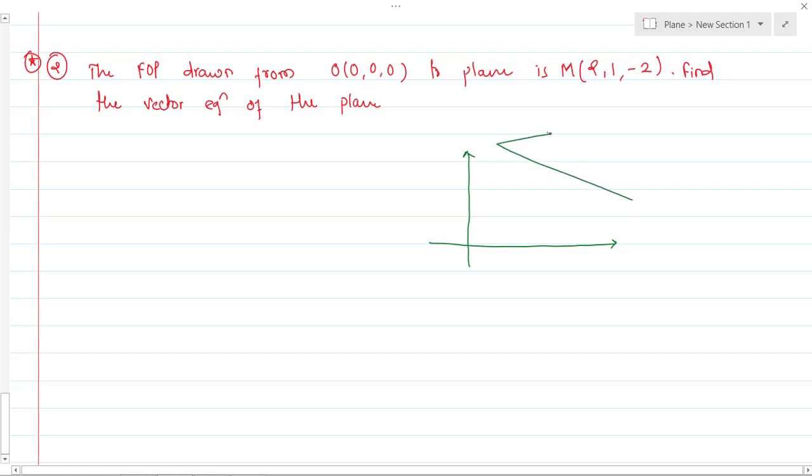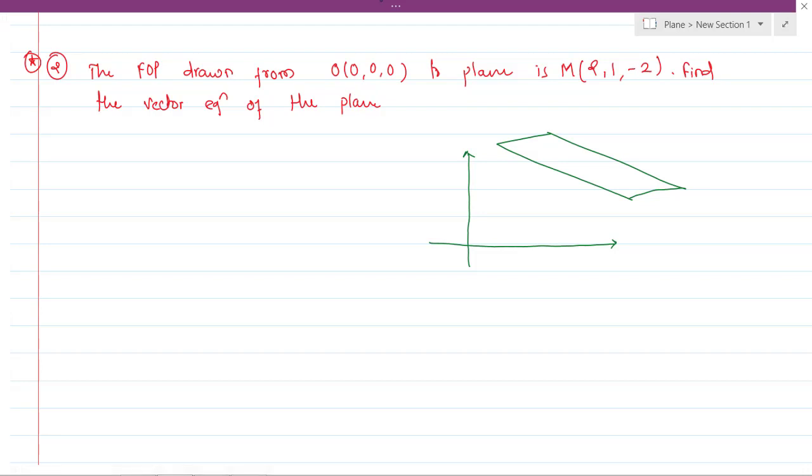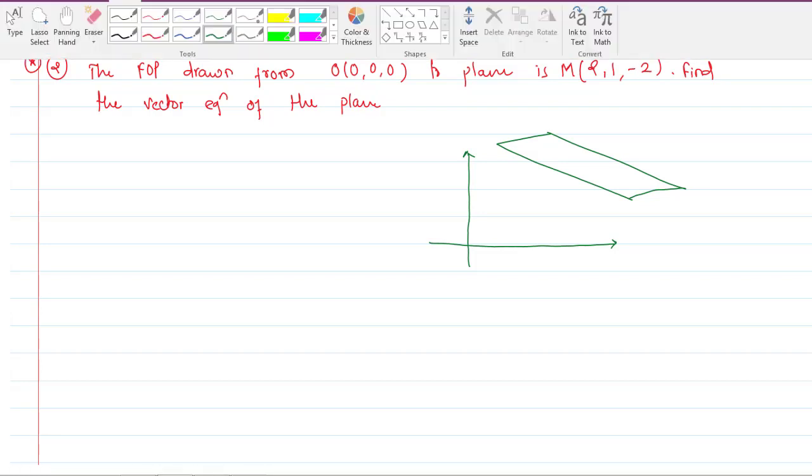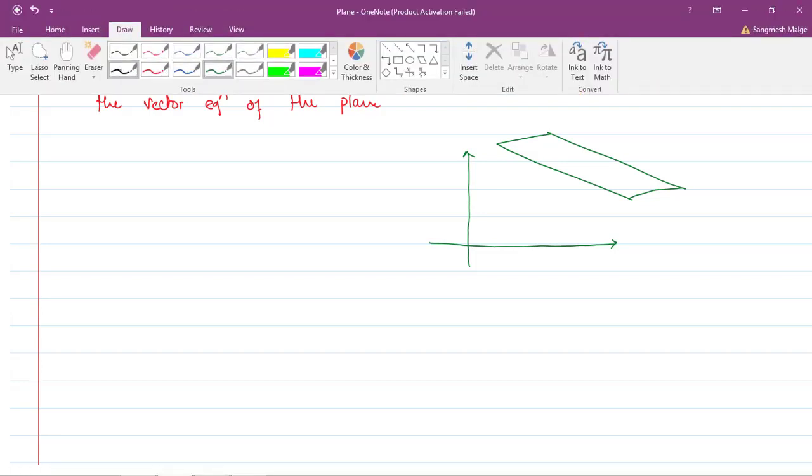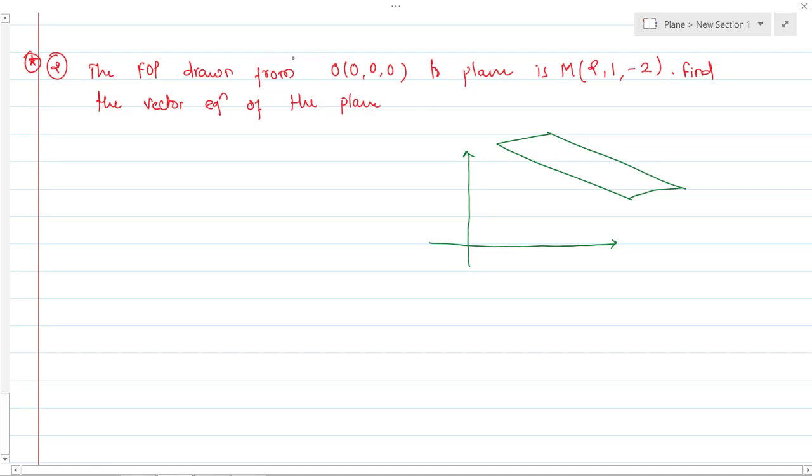From the origin, a foot of perpendicular is coming to this plane, and this point is M, which is (2, 1, -2). This is my M point, and this is my O point, which is the origin.